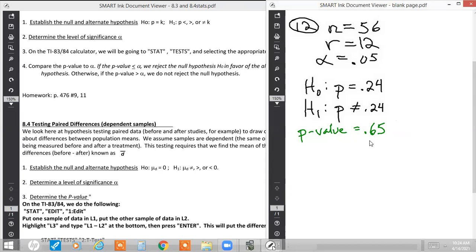That is incredibly huge. There are no alpha values that anybody uses where you're going to reject a null hypothesis with a p-value of 0.65. Okay. So 0.65, my p-value is bigger than 0.05, so we don't reject the null hypothesis, bottom line.